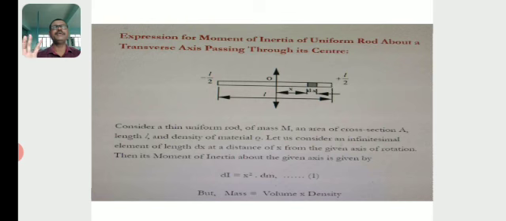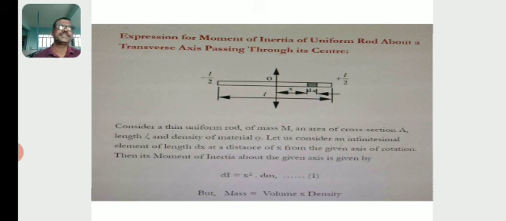Let us consider a uniform thin rod of length L and mass M. Let the axis pass through its center, that means at point O, perpendicular to its length. Let minus L by 2 be the lower limit and plus L by 2 the upper limit of the rod with respect to the axis of rotation.